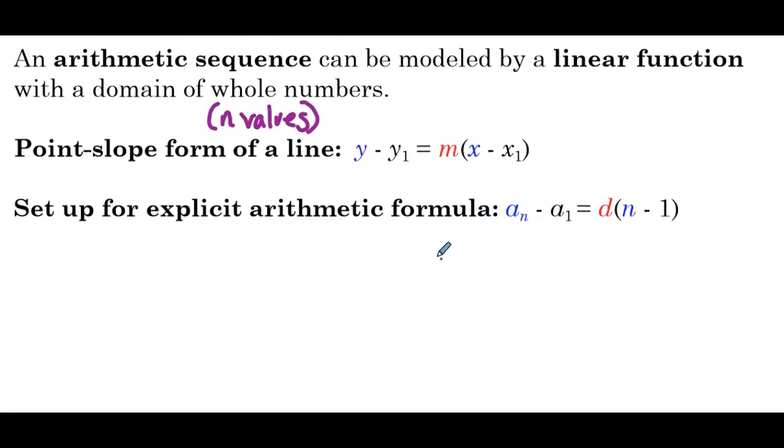Typically, they're going to have us write this as a sub n equals a sub 1 plus d times n minus 1. Notice we're using the first term a sub 1, so in our parentheses, it's n minus 1. We can think of this as having the point 1 comma a sub 1 on the line.